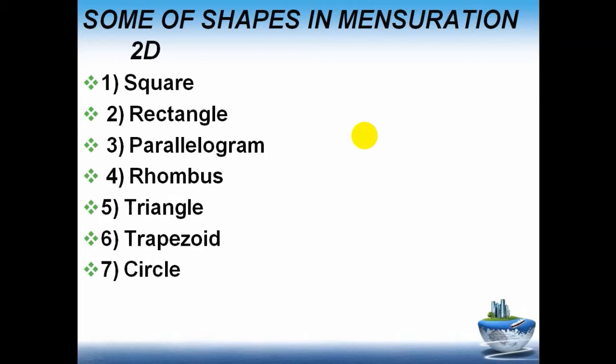The 2D shapes are like square, rectangle, parallelogram, rhombus, triangle, trapezoid, and circle.